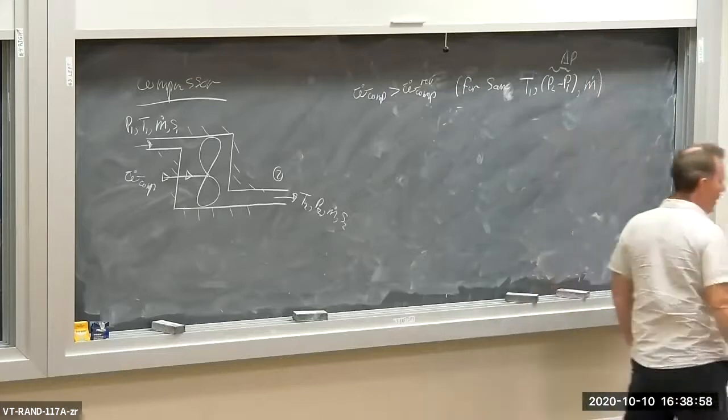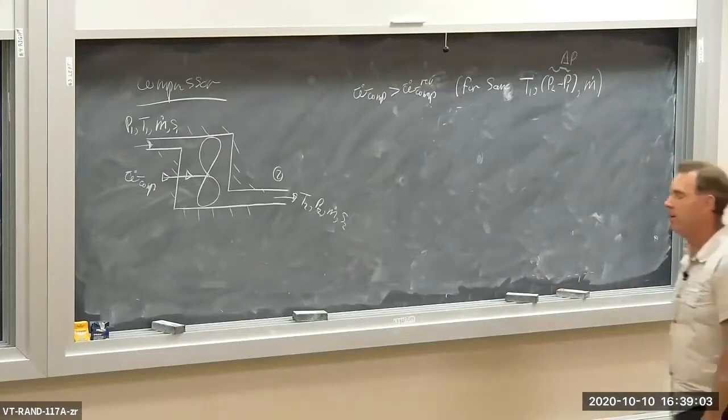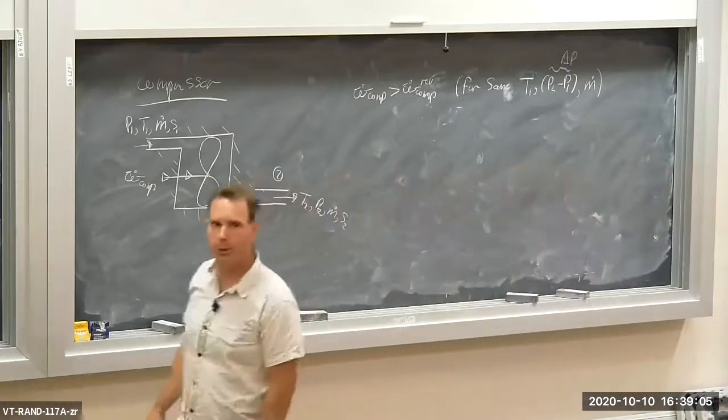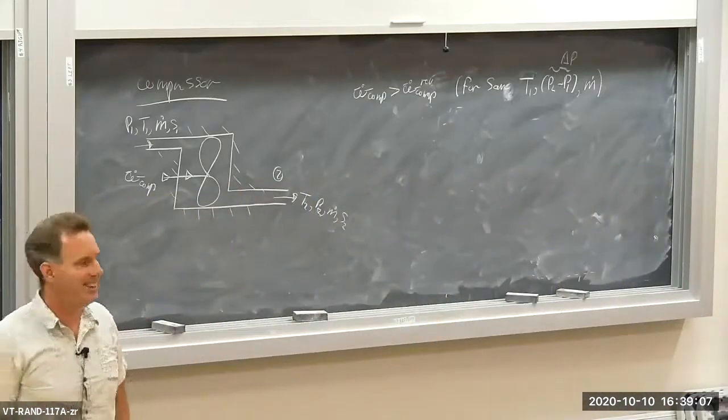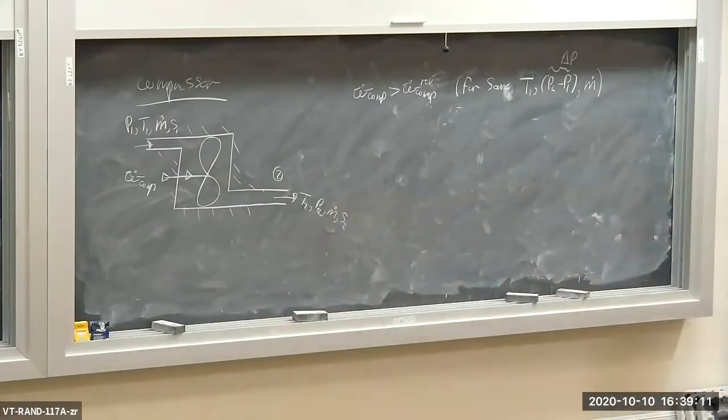So for the same mass flow, the same pressure rise, the same inlet temperature, the reversible compressor will always consume less power than the irreversible compressor, the real, actual compressor, okay?